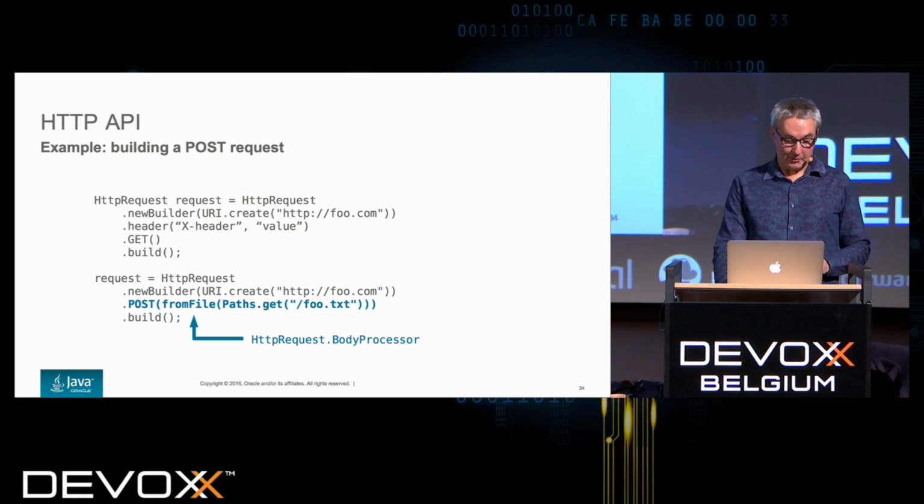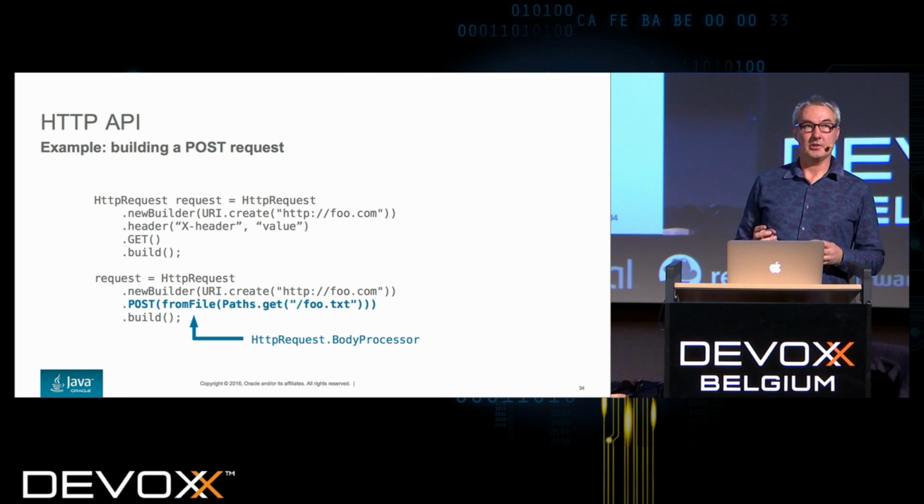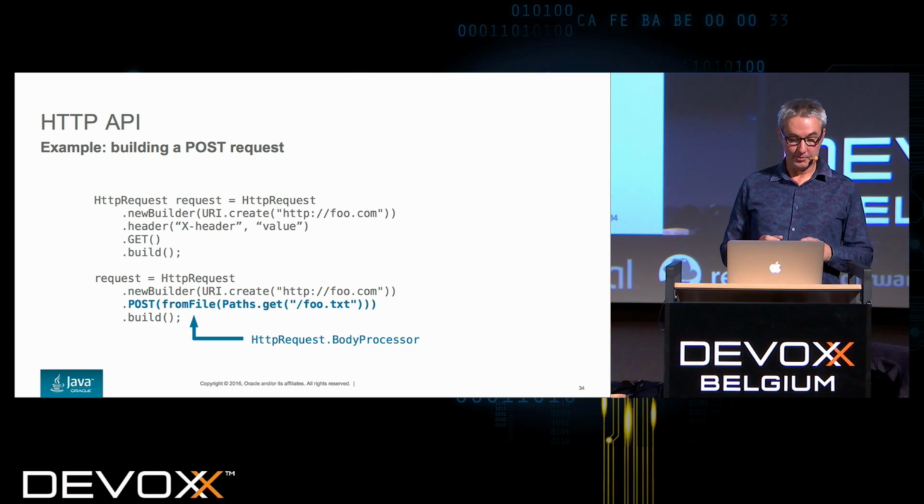The output from this fromFile method is an object of type HttpRequest.BodyProcessor. Now we'll take a look at that type later on, but it's essentially a type that converts user-defined objects into sequences of byte buffers that the library can send out as part of the request.